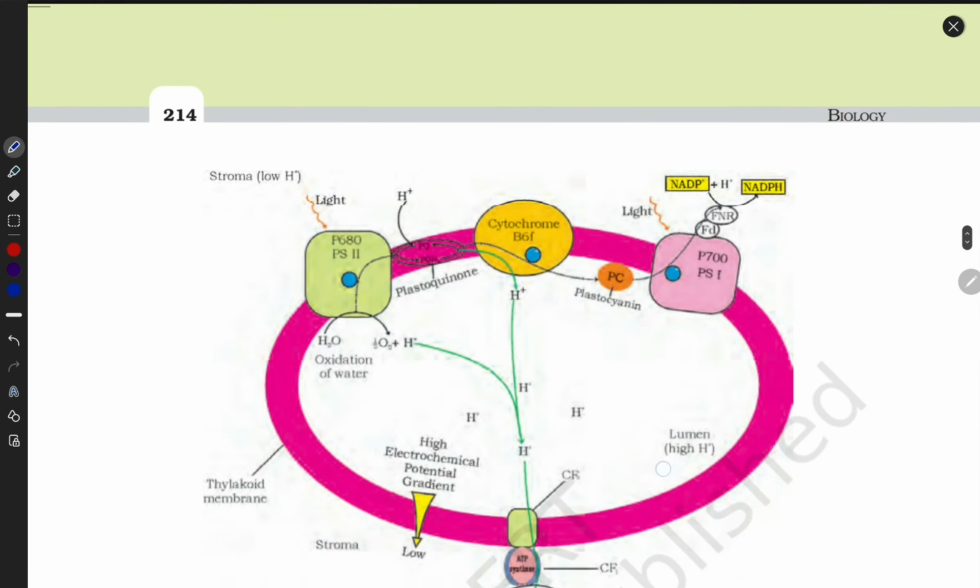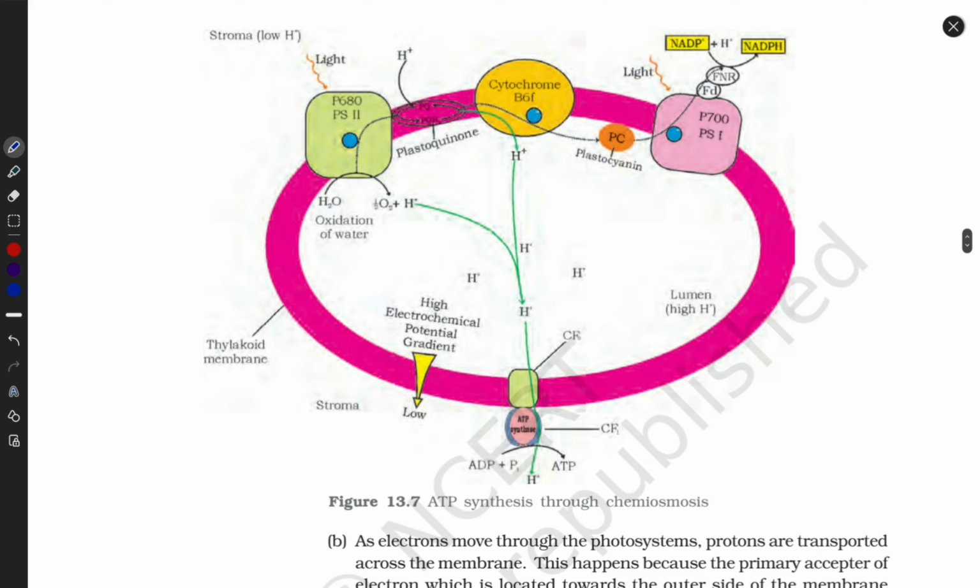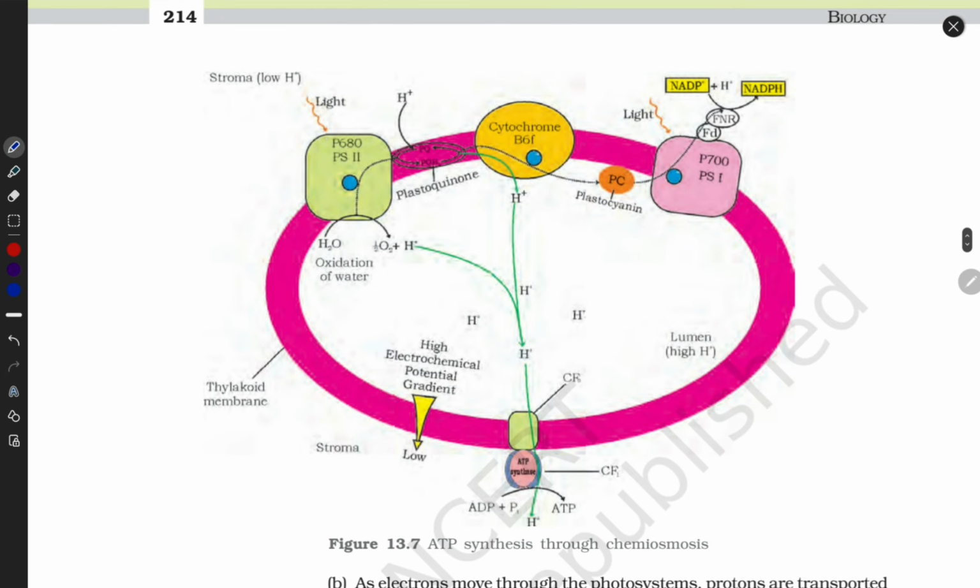Look here, I'll explain. This is photosystem 2, and this is photosystem 1. I'm repeating again: here is photosystem 2, P680, and here is photosystem 1, P700.